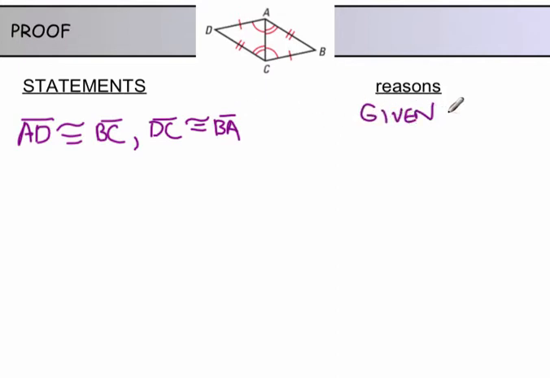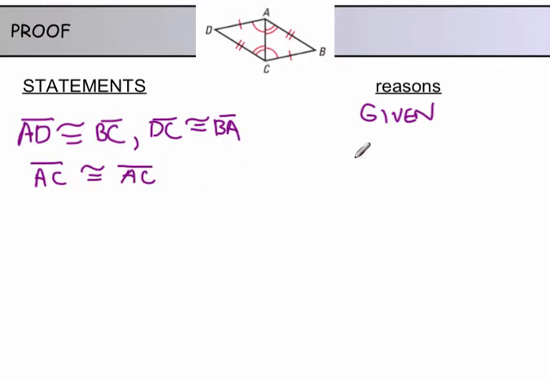We also have some other things that are given. Before I do that though, let's finish the line segments. So we've got these two line segments are congruent, these two line segments are congruent. We also know that line segment AC has to be congruent to line segment AC. This is sitting on both of the triangles, so those have to be congruent to each other.